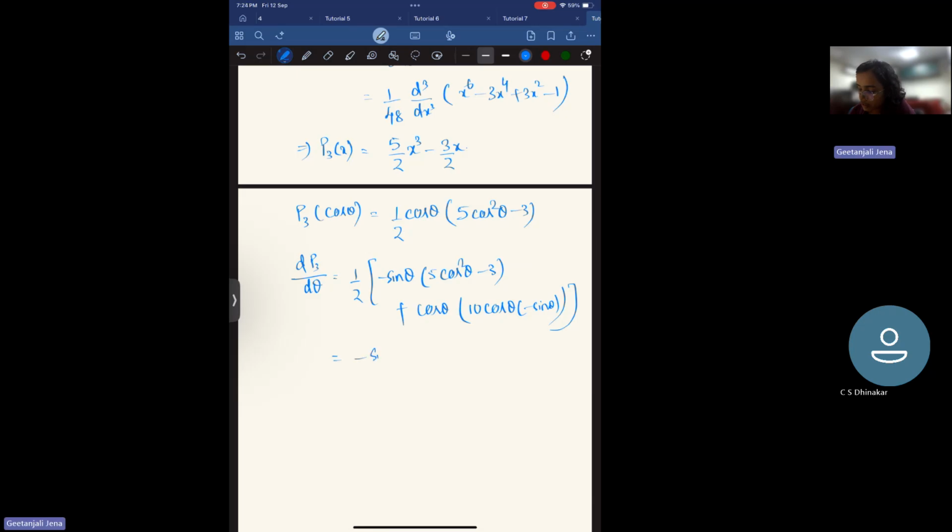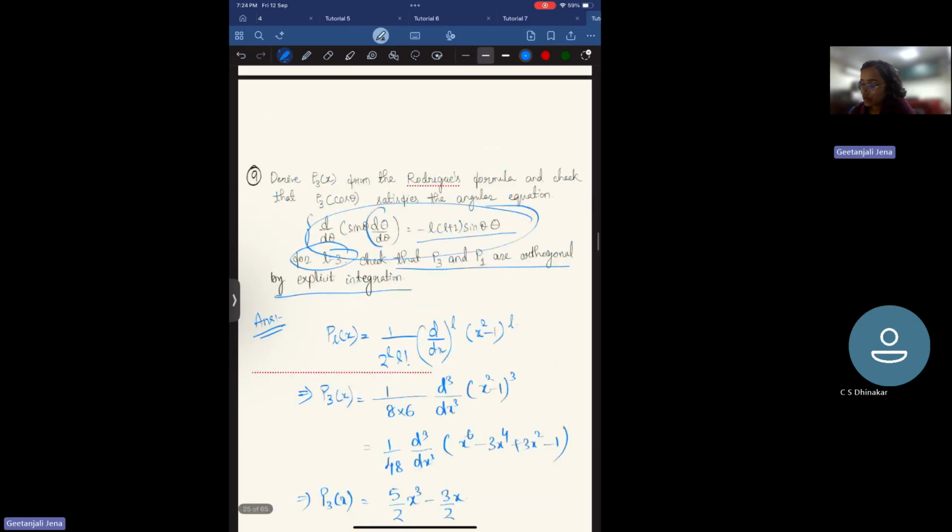You can take the common factor of sin θ/2. In the end, just simplify it, you will get -(3/2) sin θ (5cos²θ - 1). This is what we're calculating, dP3/dθ.